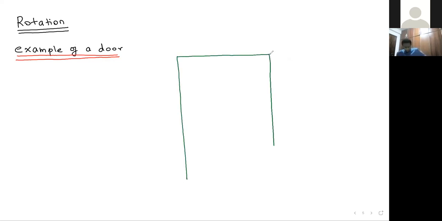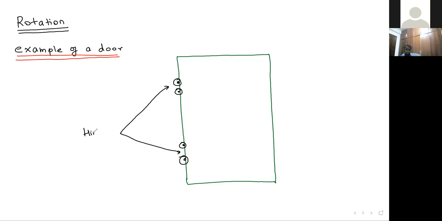And the door is hinged, right? It has a hinge support, correct? So the door has some kind of hinge support here, here, here, here. Do you agree with me? These are hinge supports. Now my question to you is, you want to open the door.